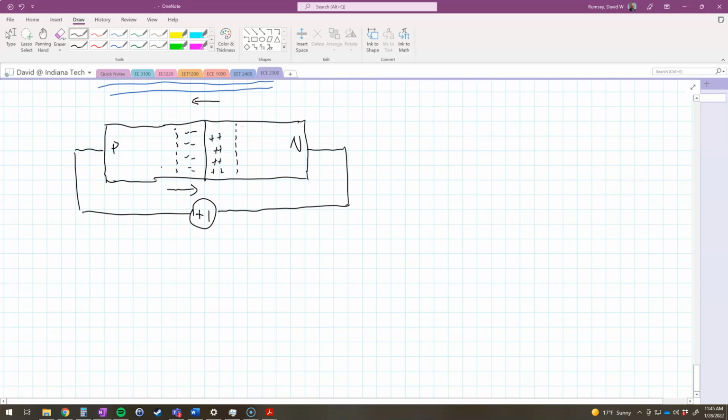Well, at this x equals 0 spot here, and I'm going to put this in red, we have n sub p 0, and actually I drew that line too far. I need to bring down my depletion region lines.